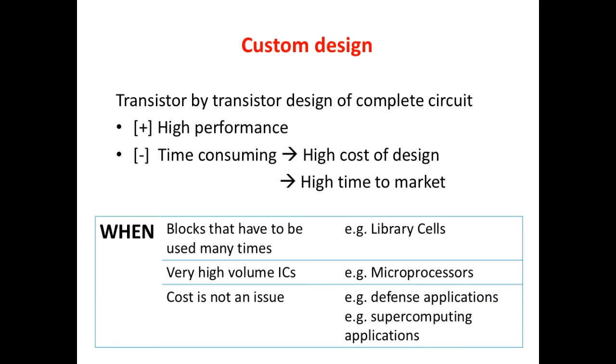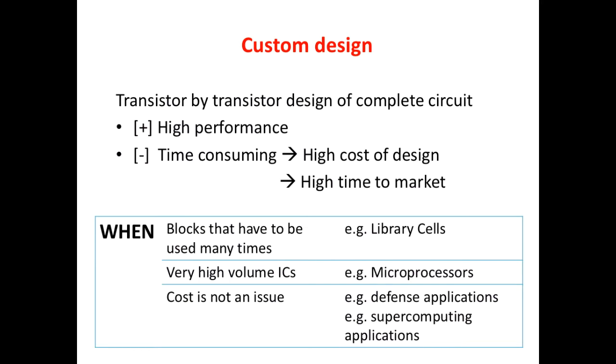For example, for defense applications, for supercomputing applications, traditionally all the supercomputers of the 80s and of the 90s had chips that were completely custom designed. Of course, in this case, cost is not an issue, and you want custom design because you have high performance. So these are the typical situations in which custom design is doable and is done.